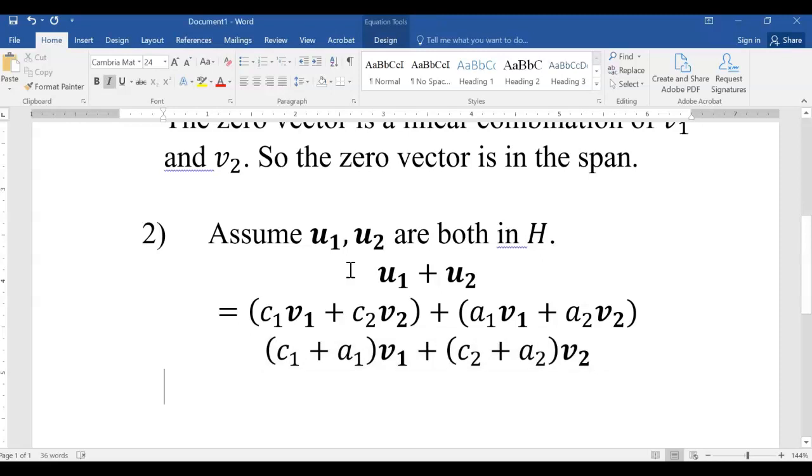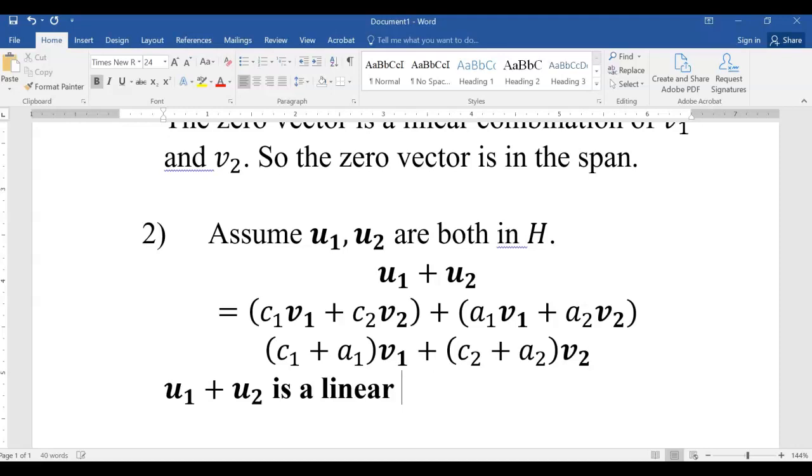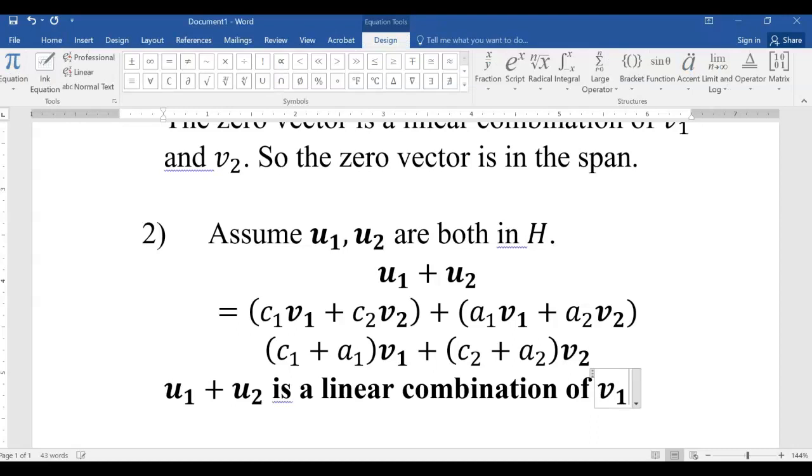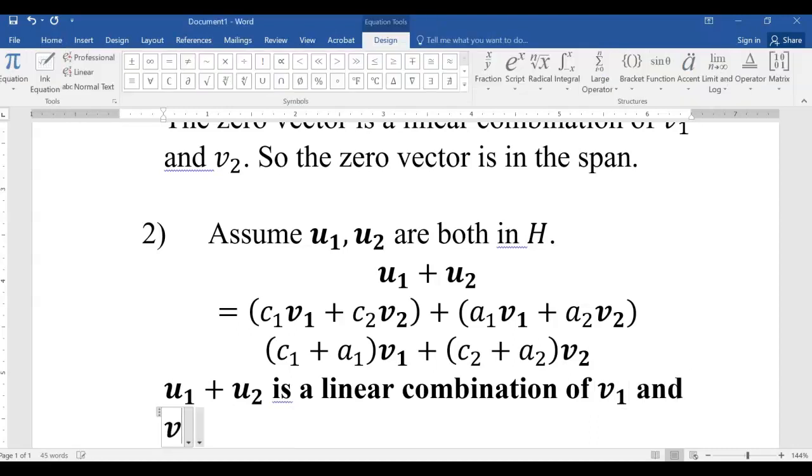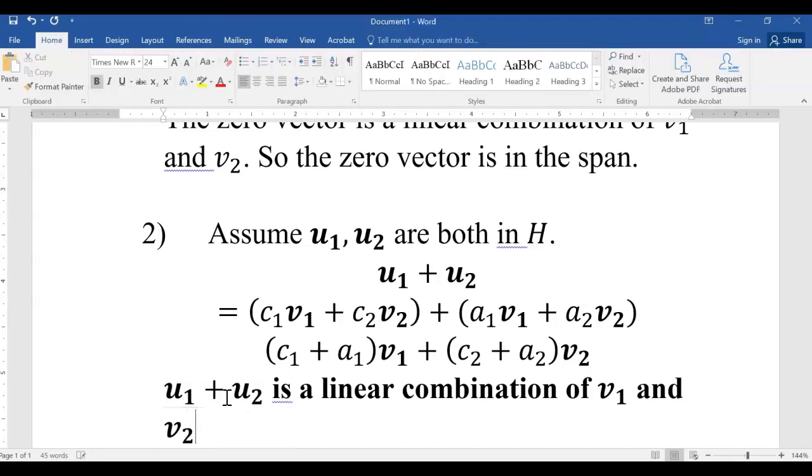So the sum is a linear combination of vectors v1 and v2. So it is in the span, okay?